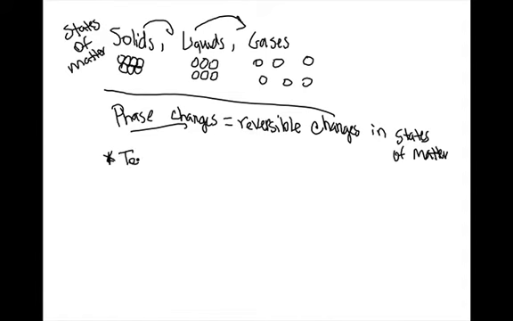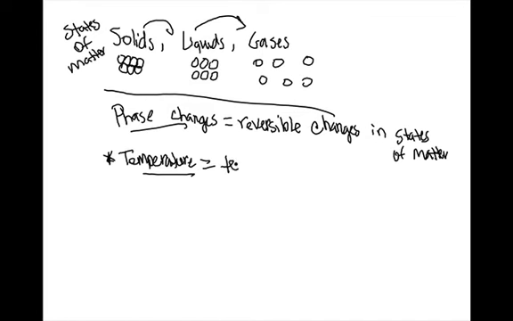The first one is going to be called temperature. We have talked about how temperature is the average motion of the particles. When we watch a phase change from either a solid to a liquid or a liquid to a gas, there's not going to be any temperature change.